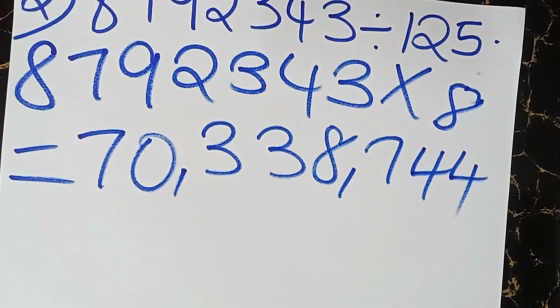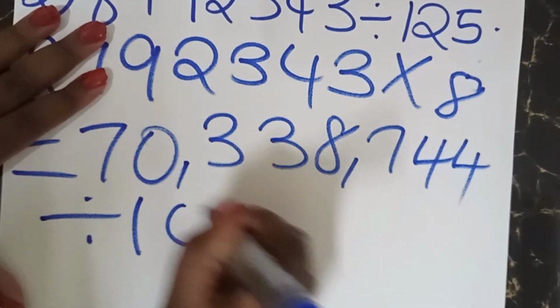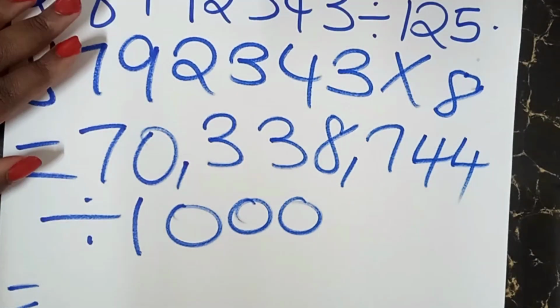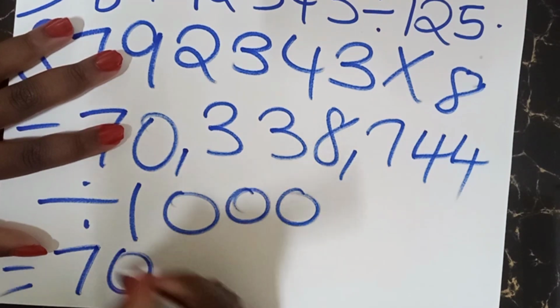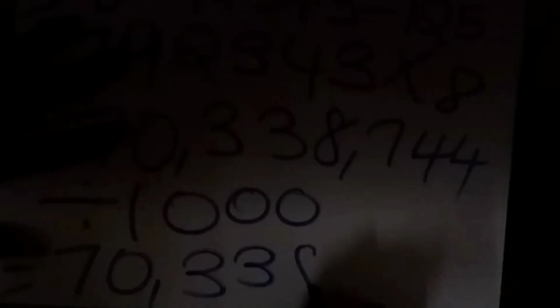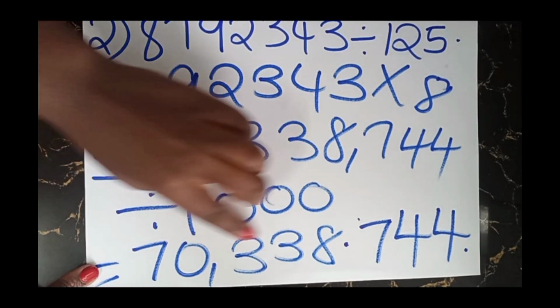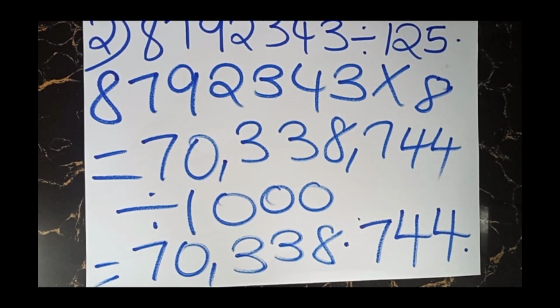And then when you divide it by 1000, you introduce decimal numbers. So when you divide it by 1000, you get this. And just like that, you have your answer. Do you now see how easy math is?